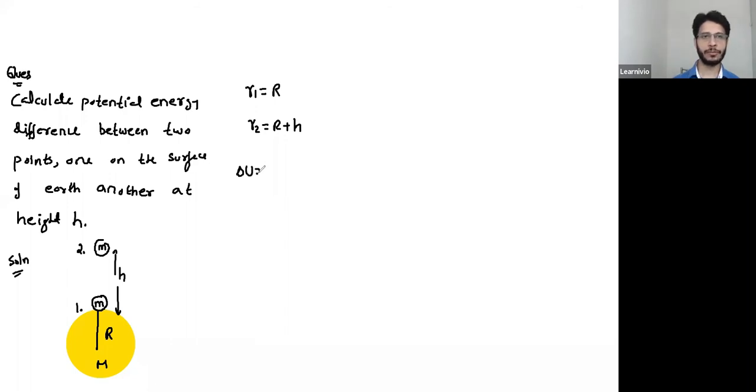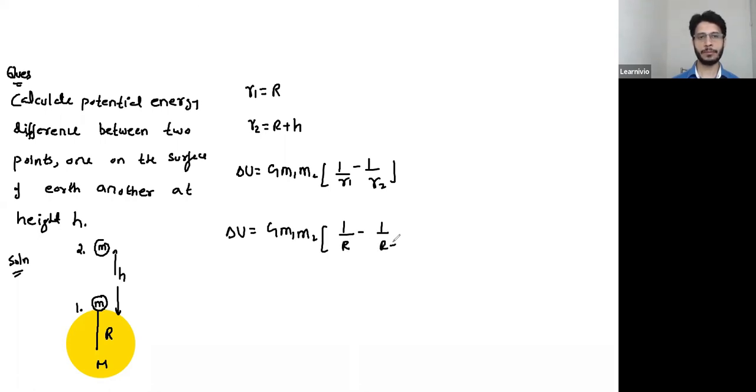So if I calculate the potential energy difference, the expression was G M1 M2 times (1 by R1 minus 1 by R2). This was the expression. Just substitute the values. So it's G M1 M2, R1 is R, minus 1 by R plus h.